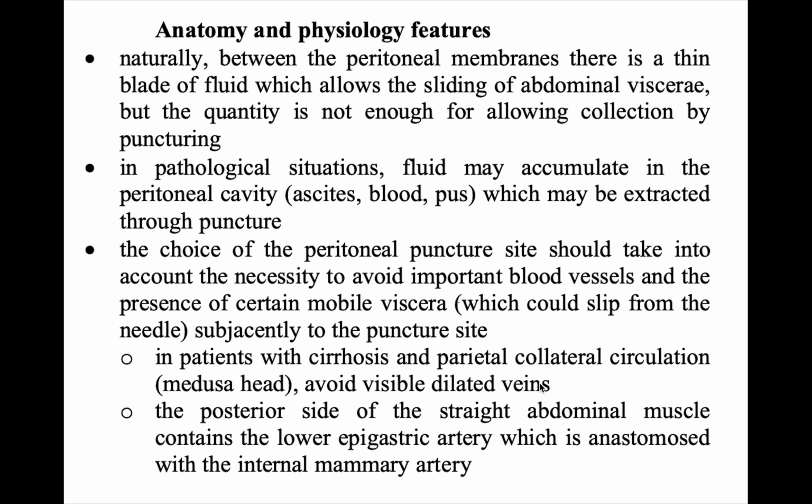The choice of the peritoneal puncture site should take into account the necessity to avoid important blood vessels and the presence of certain mobile viscera, which could slip from the needle subjacently to the puncture site. In patients with cirrhosis and parietal collateral circulation, avoid visible dilated veins.